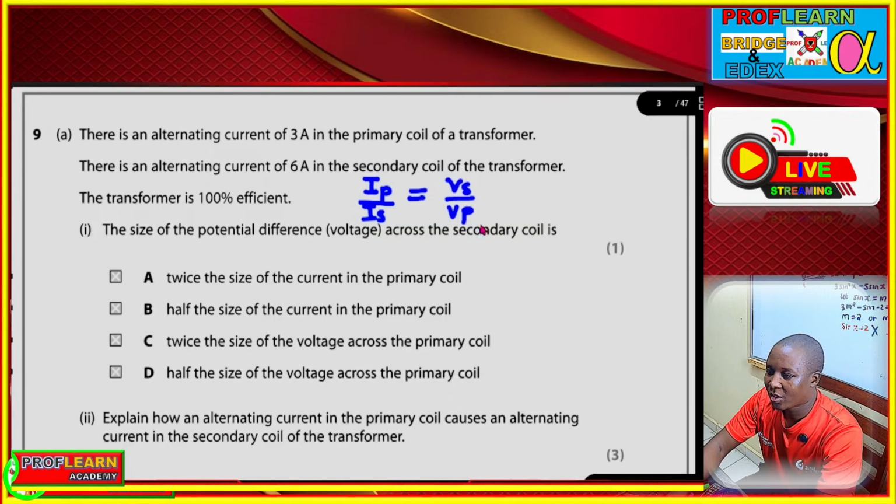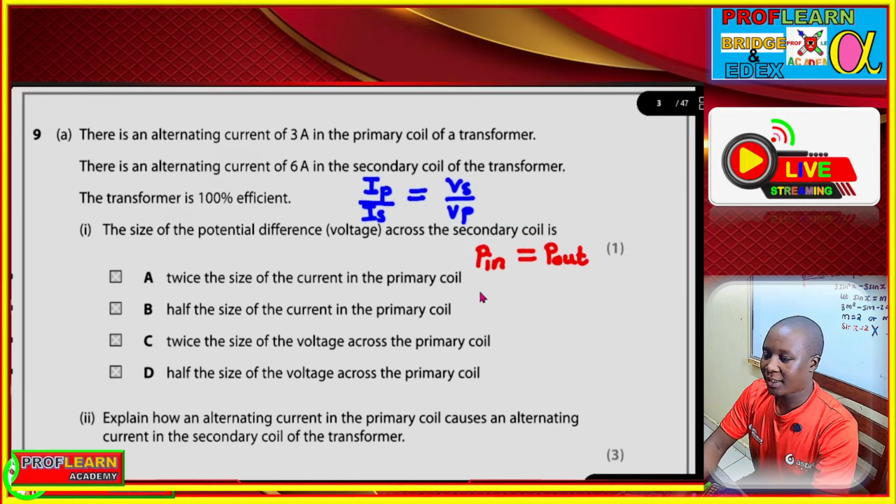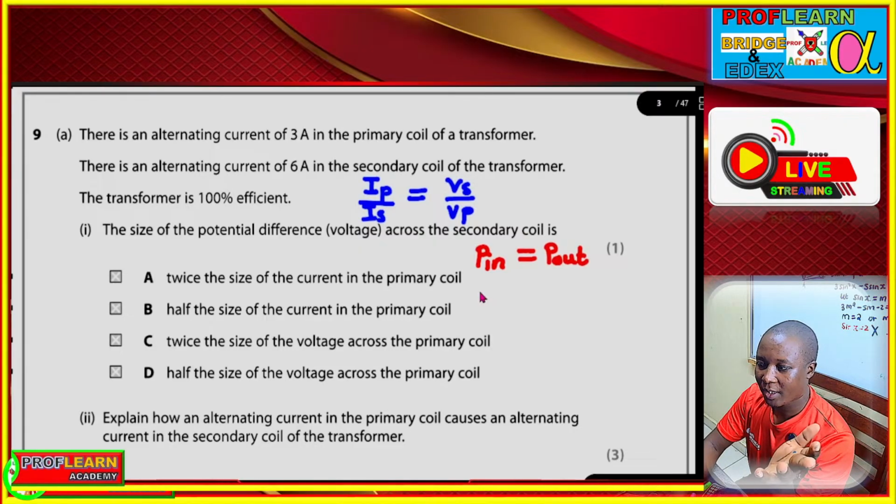Or you can also look at this from power in is equal to power out, from the concept that has been mentioned here, that the transformer is 100% efficient. So which means power in the primary coil is equal to power out, the power in the secondary coil in that case.